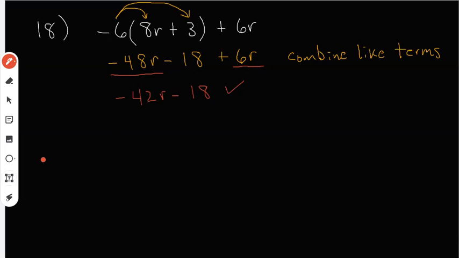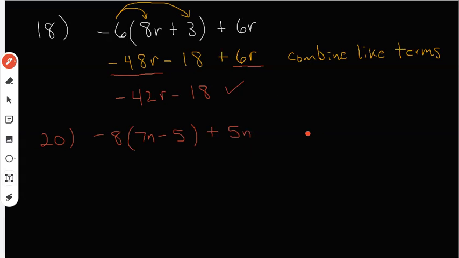All right, let's do number 20 together. 20 says -8, and on the inside of the parentheses, I'm going to have 7n minus 5, with a plus 5n at the very end.